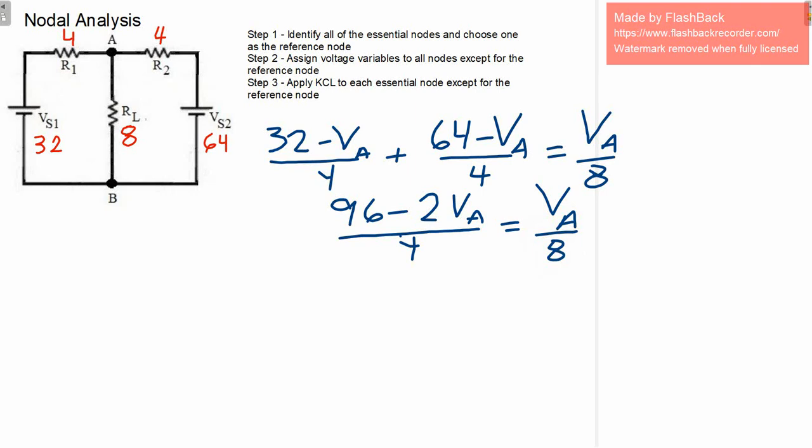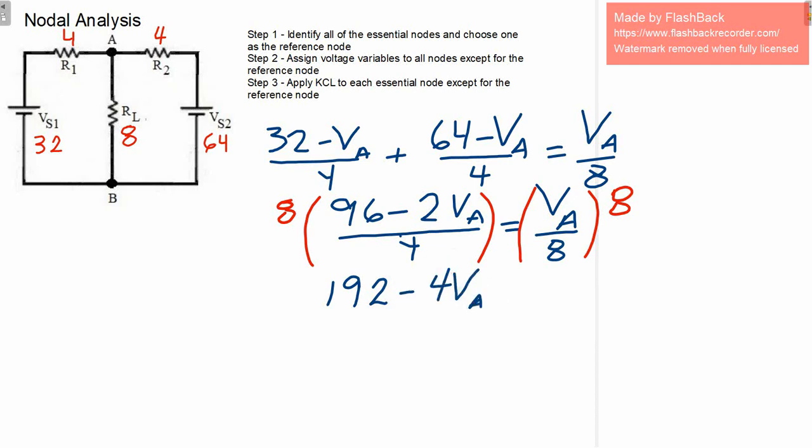If we simplify the left-hand side, I've got 96 minus 2VA. I just simplified the numerators on the left, put it all over 4, and now I will multiply both sides by 8. That's going to give me 192 minus 4VA equals VA. Now, I just want to solve for VA at this point.